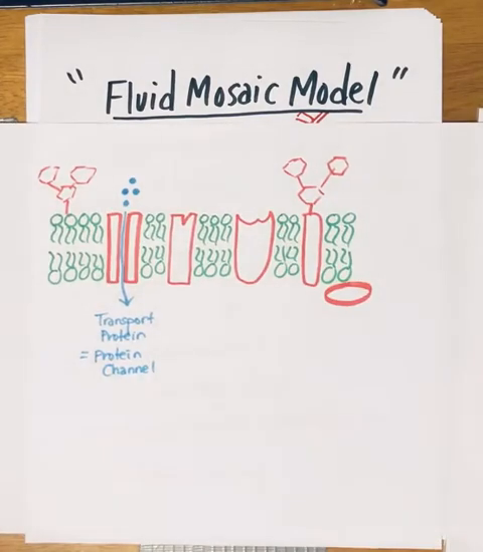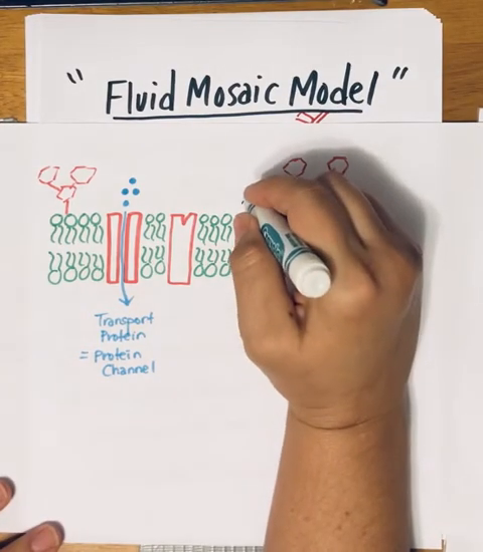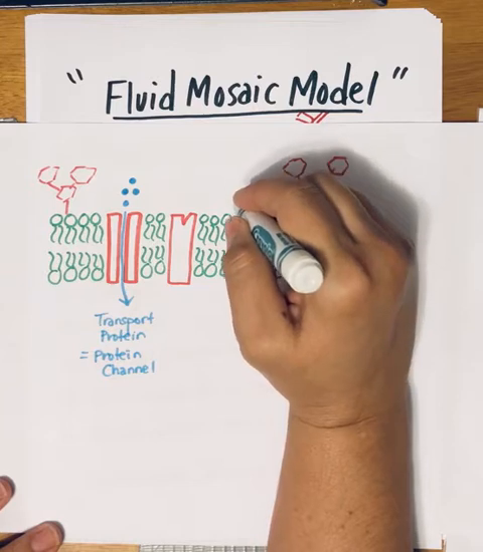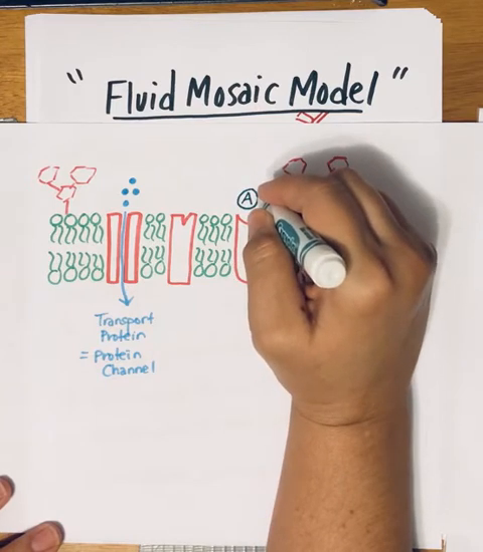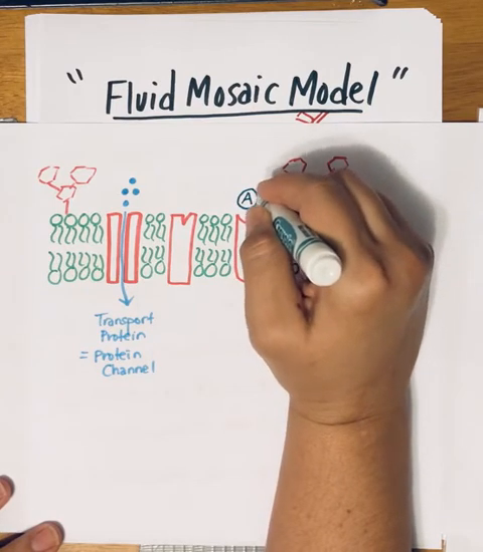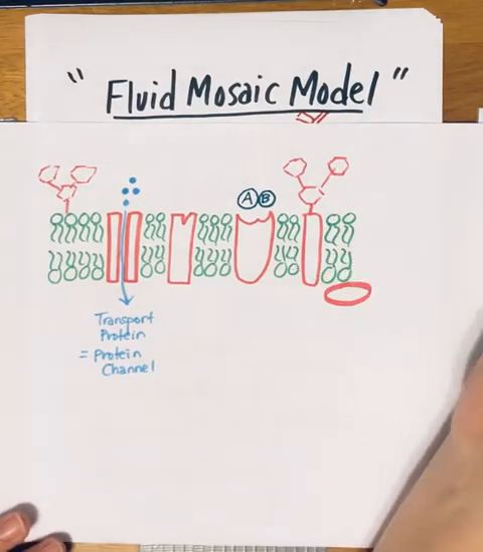The next function that we talked about was enzymes. Enzymes are proteins which are going to increase chemical reactions in the cell. So let's just say you have a molecule A and a smaller molecule B, and these need to go through a chemical process.